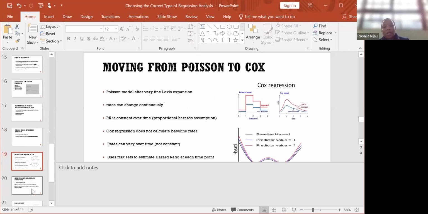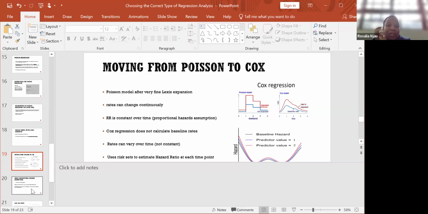Another way, we can move to Cox regression, when Lexis expansion has not worked, even after very fine Lexis expansion. Rates can change continuously. We allow rates to change continuously, but the rates are allowed to change proportionally, introducing the proportional hazards assumption.